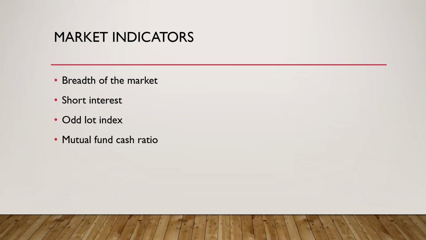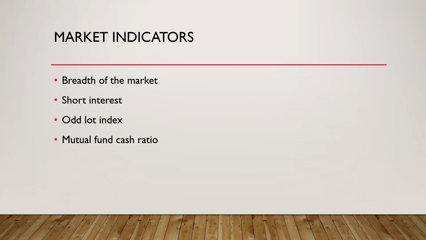Suppose on Monday, the number of shares whose price has increased is 620, and the number of securities whose price has fallen is 350. So we got the advances as 620 and the declines as 350. So what is the difference? The difference is 620 minus 350, advances minus declines, which is a positive 270. That is your breadth of the market.